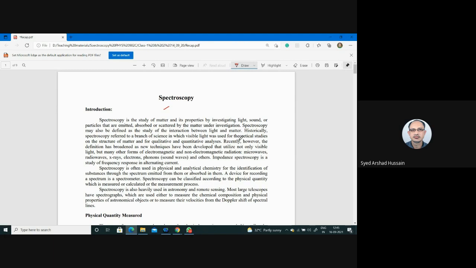In astrophysics, people send satellites to different planets and put spectroscopic instruments on them to do spectroscopic experiments there.